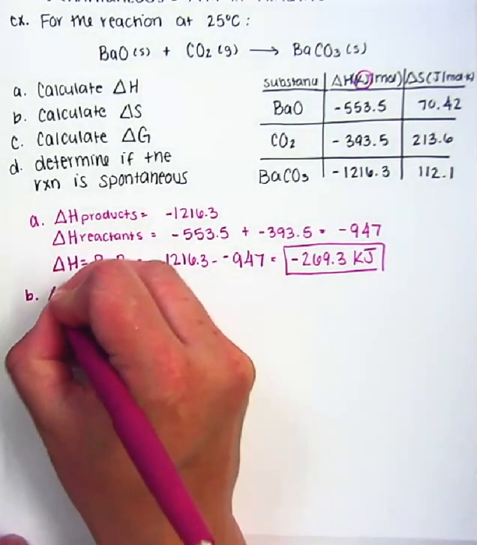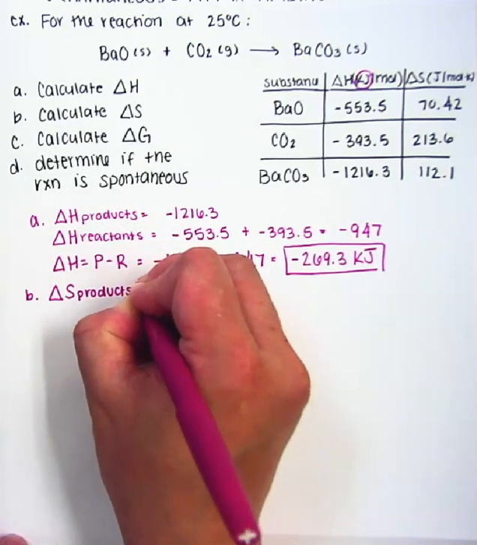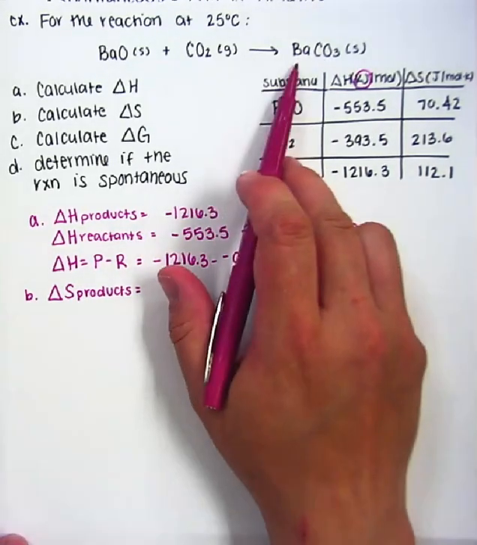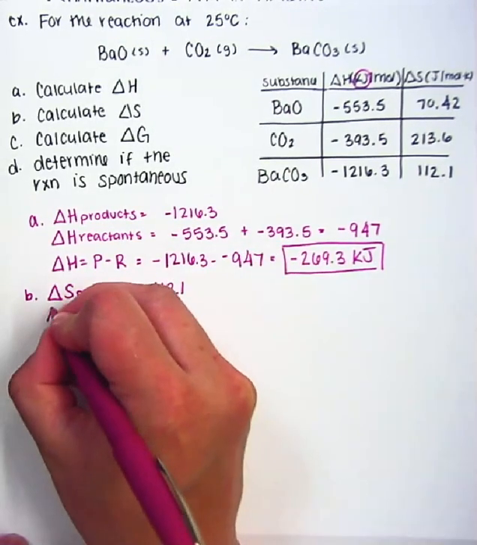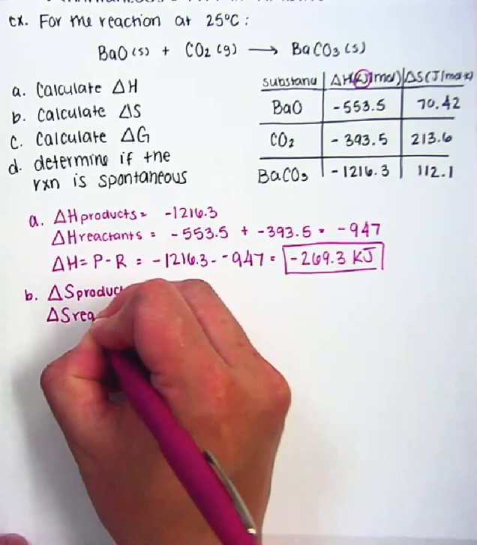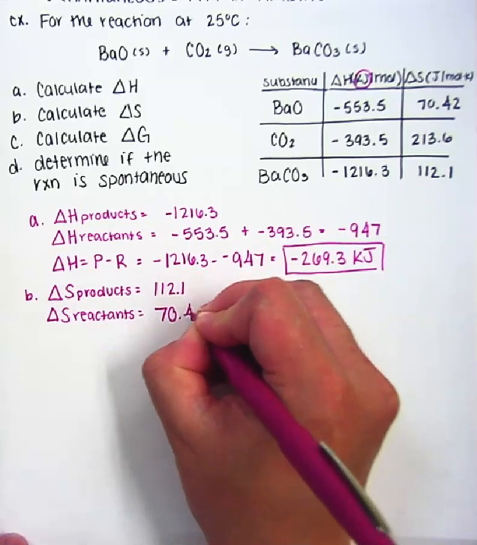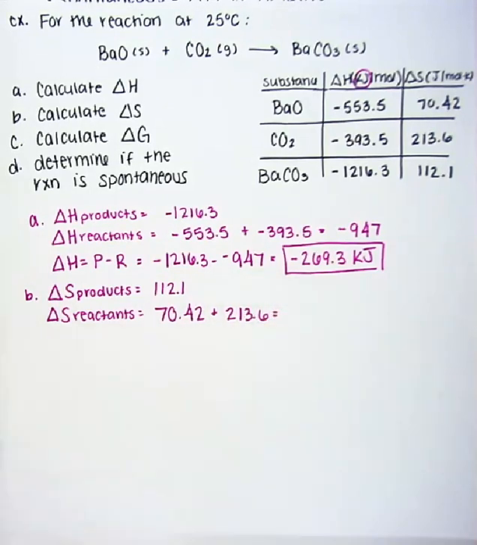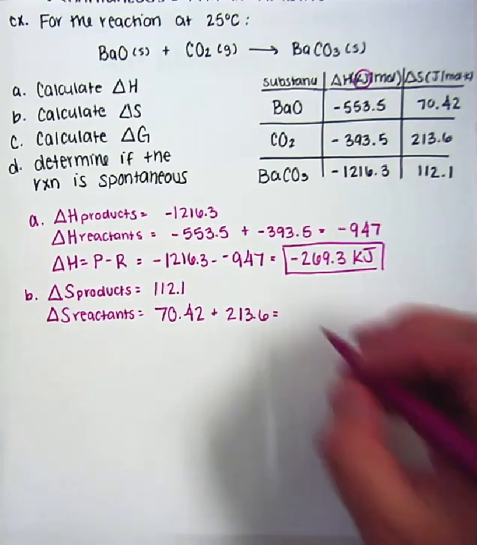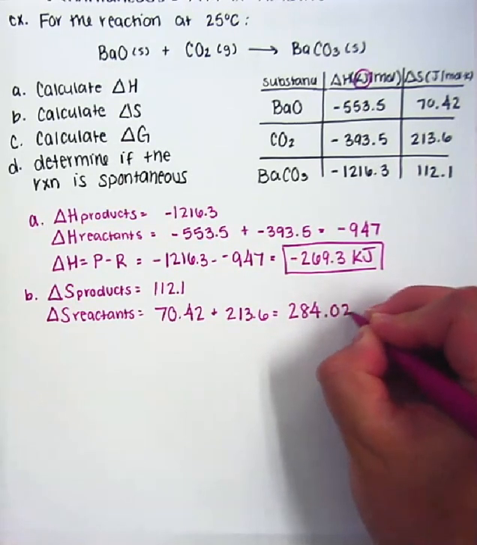B, let's calculate delta S. Again, everything has a coefficient of 1, so we don't have to multiply it. My product, barium carbonate, has an entropy of a positive 112.1. I'm going to take the sum of the reactants from my data table, 70.42 plus 213.6. 284.02.